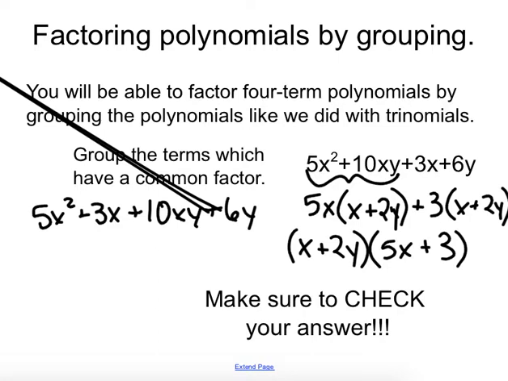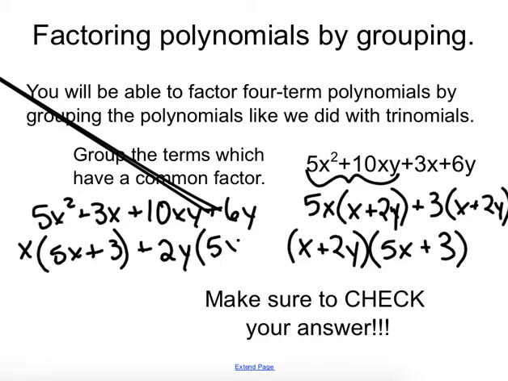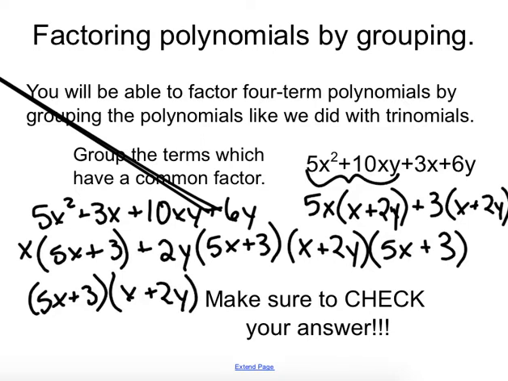In the first case, I would pull out an x and say that we have a 5x plus 3 left over, and we pull out a 2 and a y, and so we have left over a 5x plus 3, which ends up, we see that this 5x plus 3 is common between both of our big terms, and we have an x plus 2y left over.